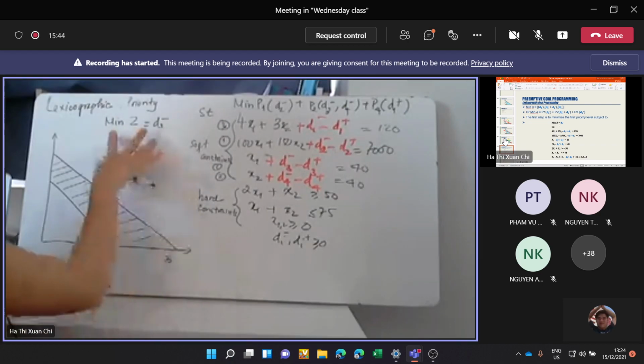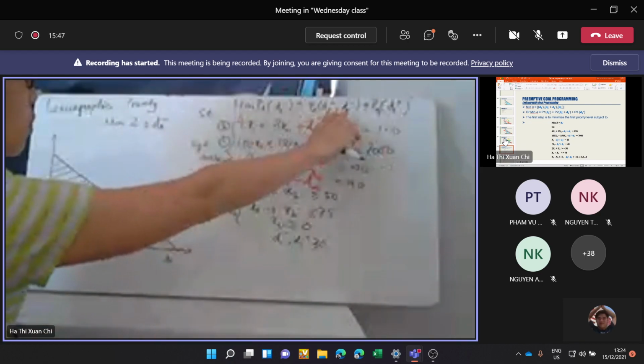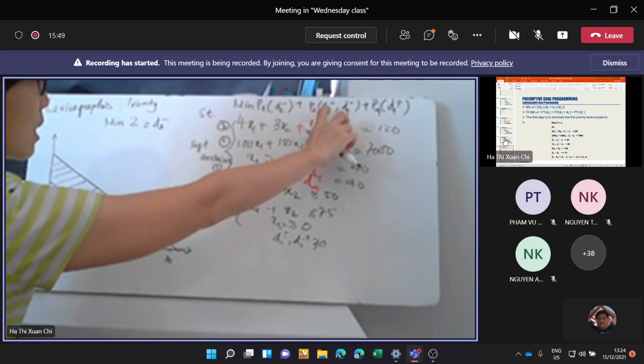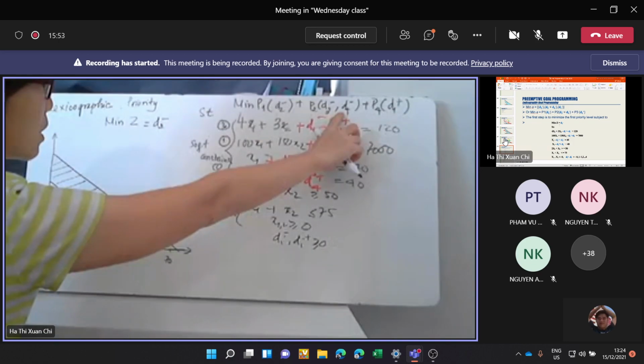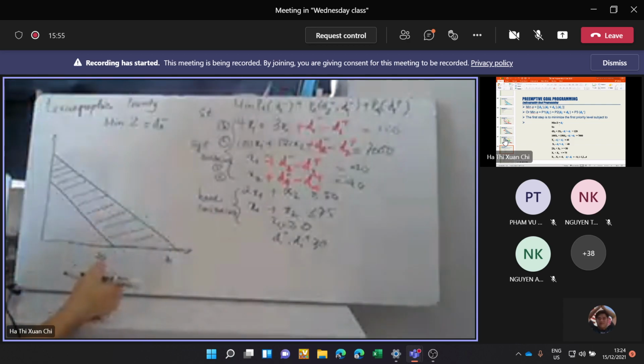So that is the first model. The second model will be minimize D3 minus plus D4 minus. And the third will be minimize D1 plus.